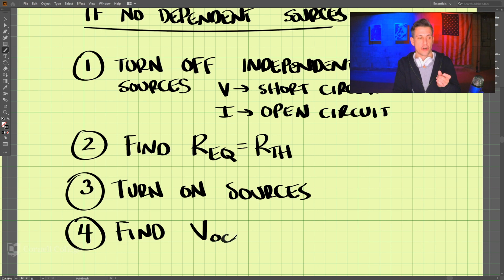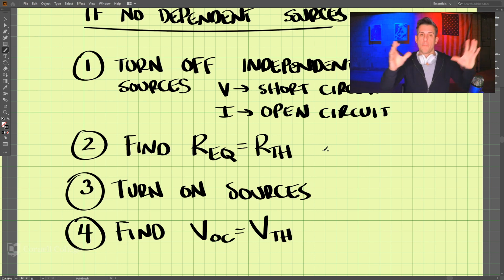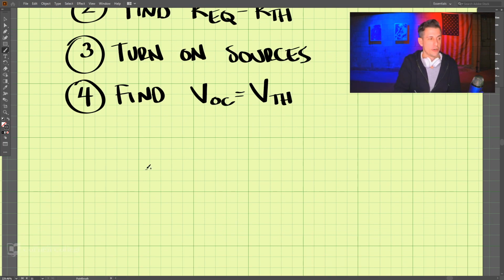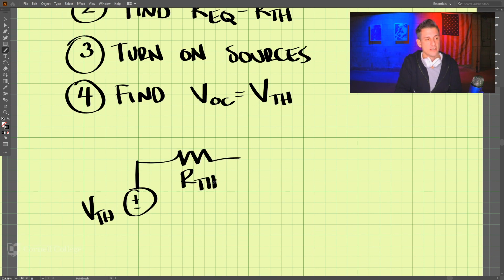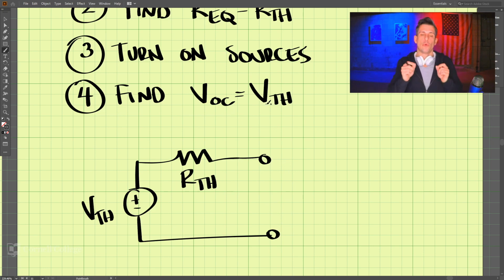We find that open circuit voltage between the two terminals, and that is equal to the Thevenin voltage. So we take a complex circuit and transform it into a simple circuit that has a voltage, a resistance, and two terminals. So that is 4 steps, and that is how we will do the process.